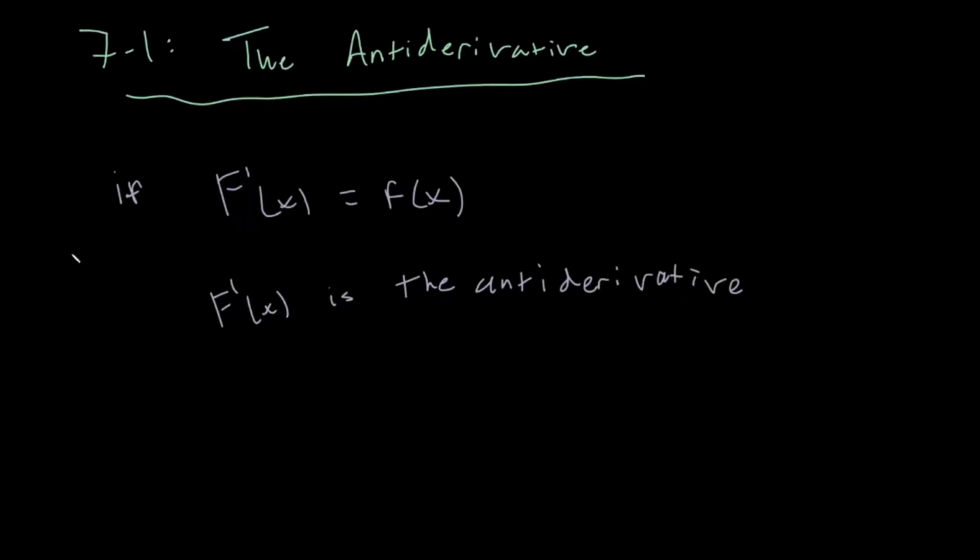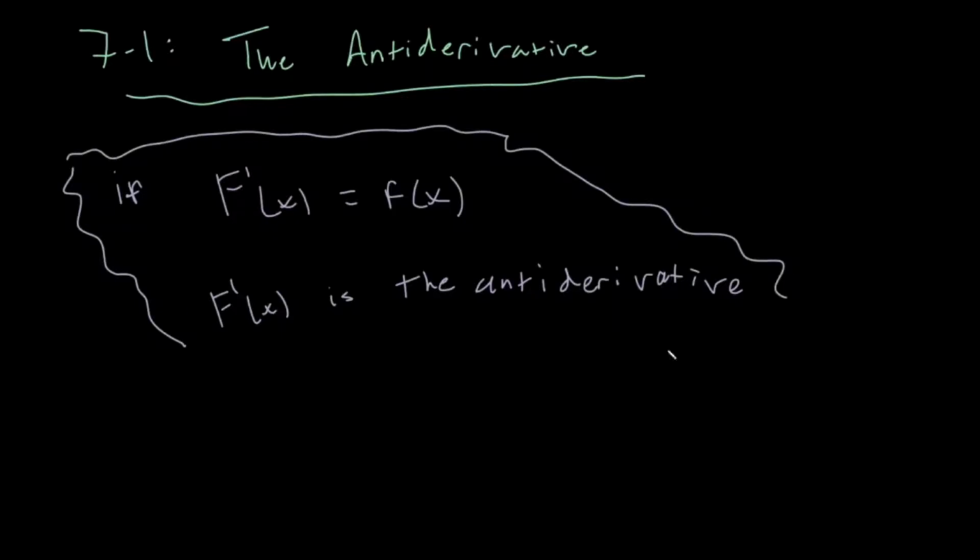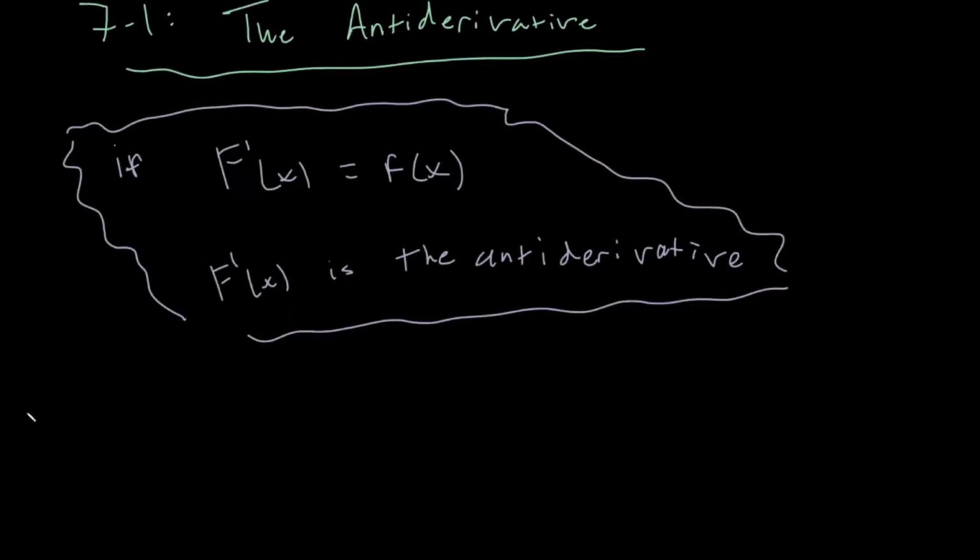Let me put an example to this. Let's consider f of x equals 10x. I'm going to differentiate it, and the derivative is 10. So we say 10x is the antiderivative of 10.